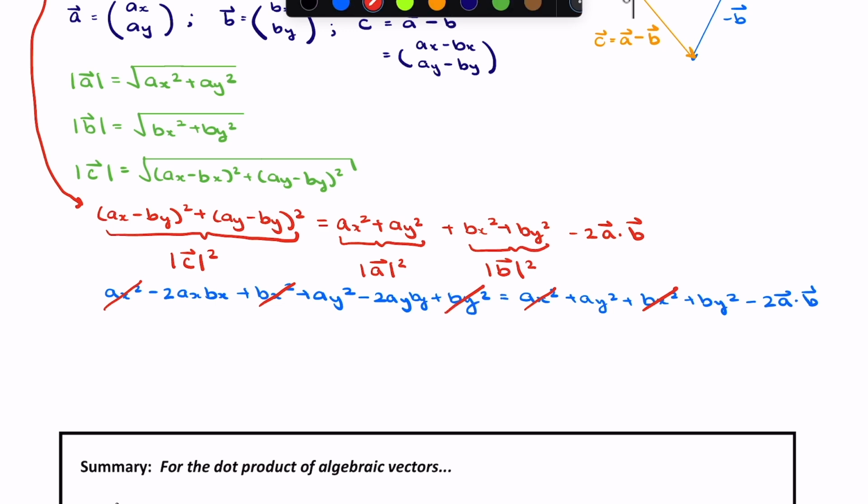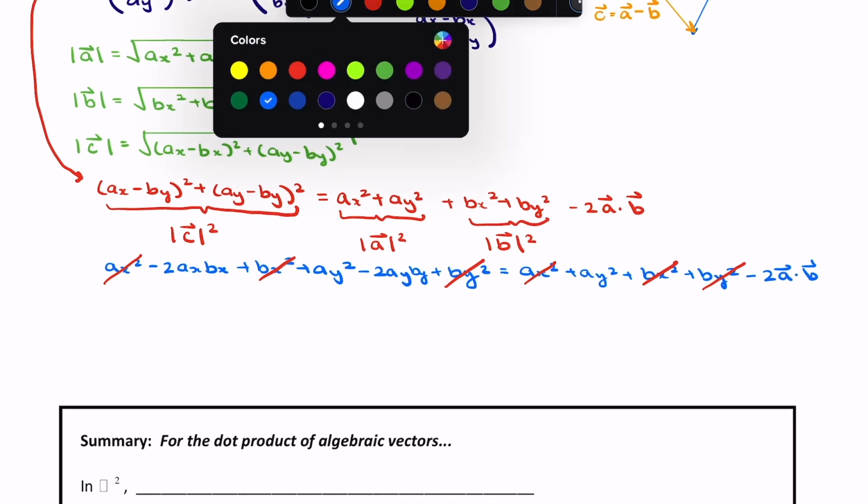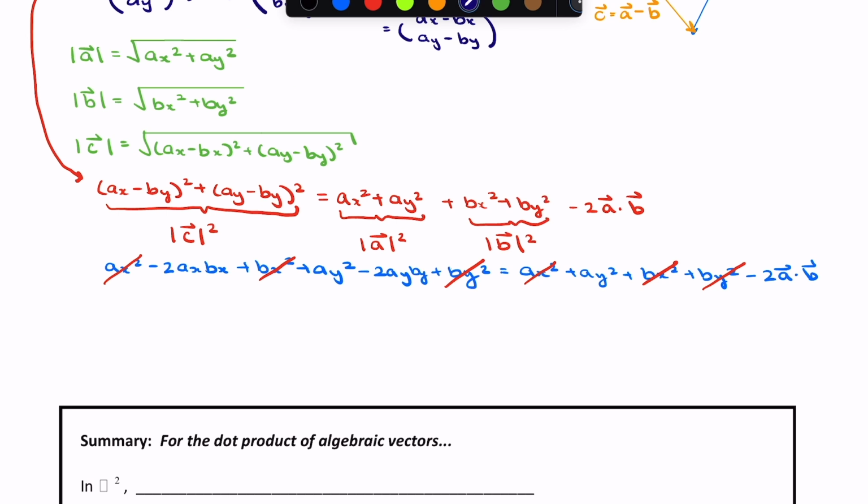And so the by squared will also cancel out. And so here, what we'll be left with is negative 2 ax bx minus 2 ay by. Again, this ax squared will also cancel out as well.